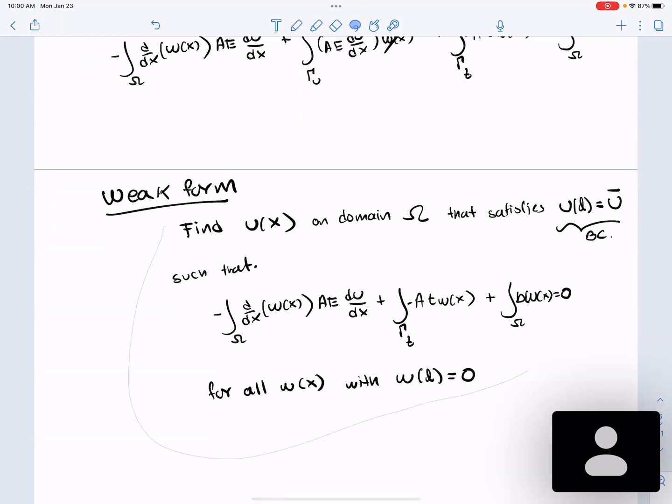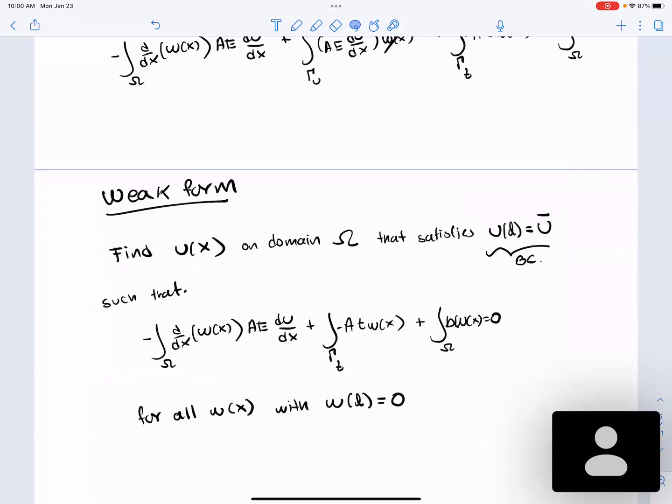That is the weak form. So find U of X on the domain omega that satisfies this boundary condition of the displacement, such that that integral equation that we got is satisfied for all weight functions, with the only condition that the weight function has to be 0 whenever we have the displacement boundary condition.